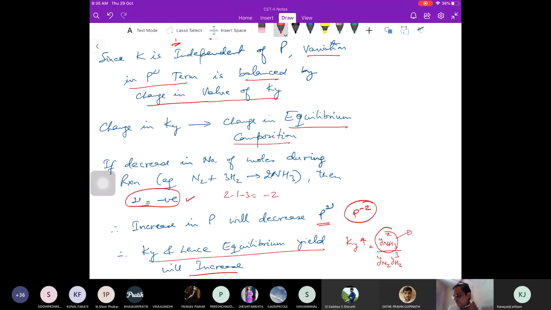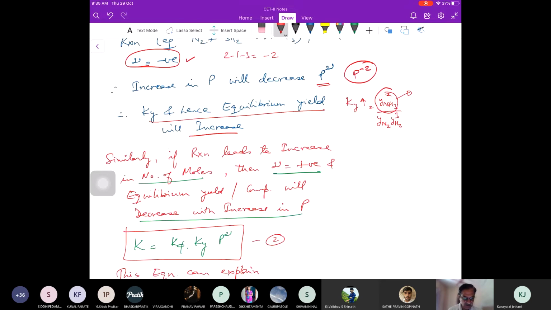We saw from Le Chatelier's principle, that was conceptual, but now mathematically also we can show that when we increase the pressure for ammonia production, it will favor the formation of ammonia, that is the forward reaction. Anybody has any questions? Because this is how we are going to analyze. We're going to solve many problems where we see what is the effect of pressure on reaction. No question. Let us proceed.